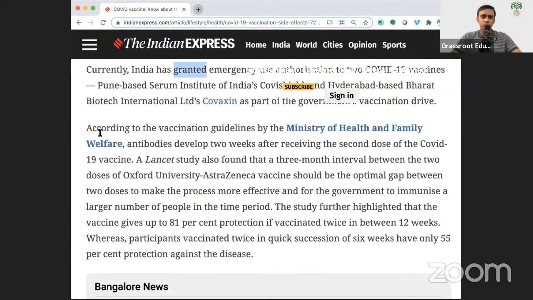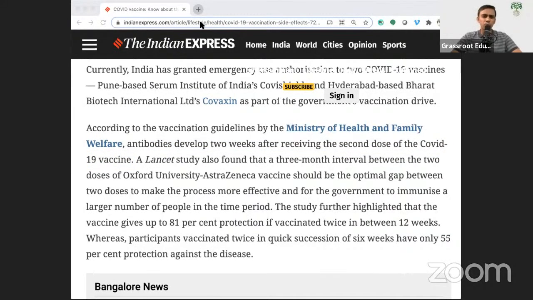Okay, let us move to the next one. According to vaccination guidelines, antibodies develop 2 weeks after receiving the second dose of the COVID-19 vaccine. So, when I say antibodies, it's probably the substances that counter the virus. Now, a Lancet study also found, so what do you mean by Lancet?